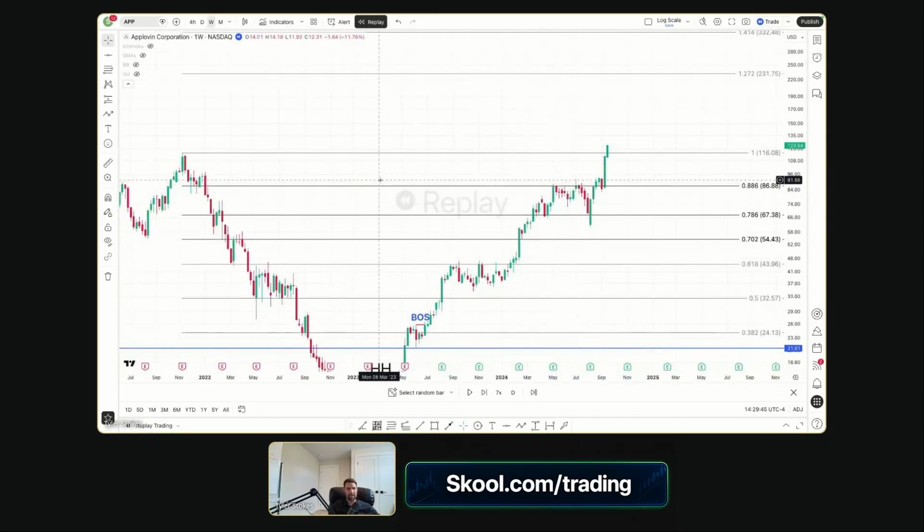Generally, what you'll see is you come into the 886, it's resistance. You don't always break through the first time. And sometimes this previous high should be an area to be cautious of, because you generally don't break through this. We'll see how this plays out, but we want to be cautious and wait for confirmation. So let's play this out and see if we do get really bullish.